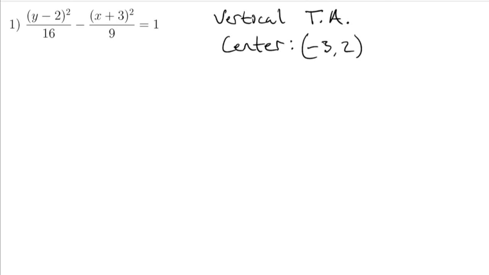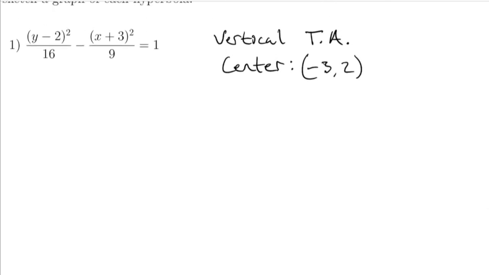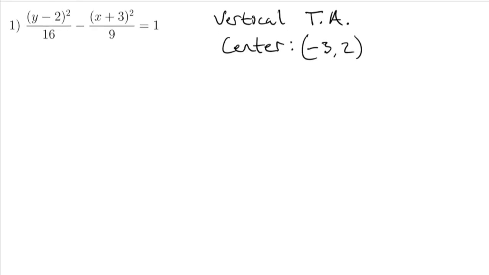Well, we know that a squared is always in the first denominator, right, of this leading term. So a squared is 16 and b squared is 9. And that tells us that a equals 4 and b equals 3, right? I just did the square root of both of these in my head. You could write it out if you need to, but you should end up with a equals 4, b equals 3.